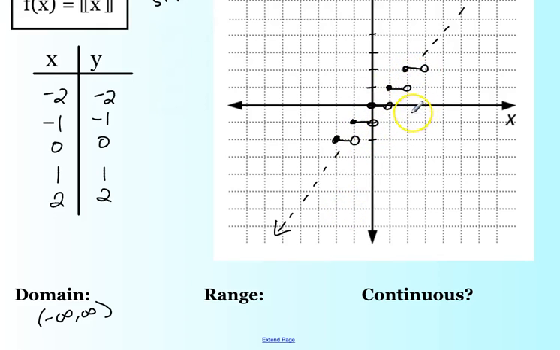But again, it is kind of simple because your outputs are only integers, right? So we're just going to put the range as the set of integers. You can't really write in interval notation a whole bunch of integers. It doesn't work that way. So we'll just put the set of integers. Is it continuous? No, it is definitely not continuous. Okay? So that's your parent function.